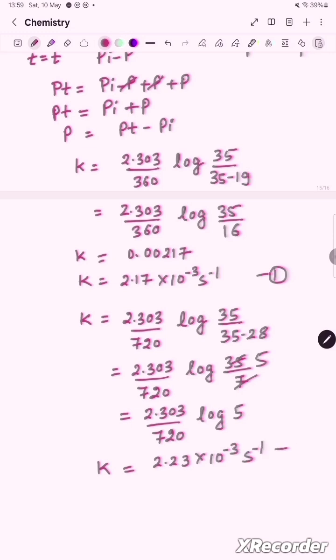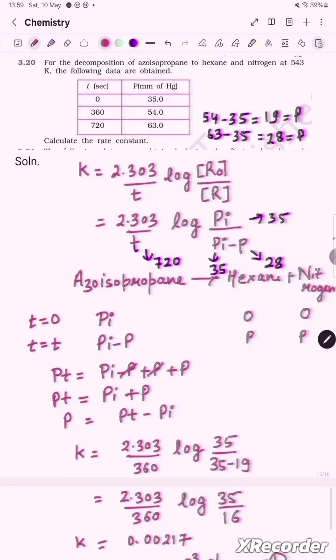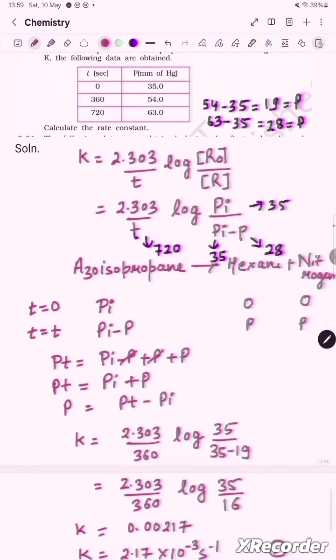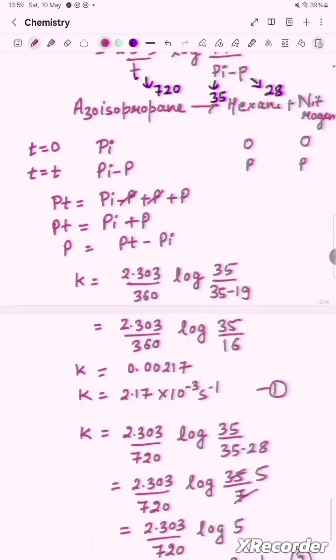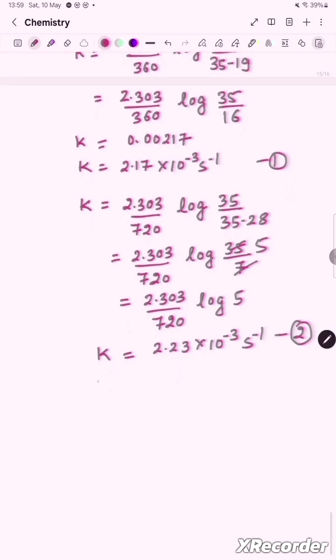So this is another rate constant value. Now you have to see in the question that it asks to calculate the rate constant. So you have to calculate the rate constant of both, first and second, so k is equal to k1 plus k2 by 2, that is the average rate constant.